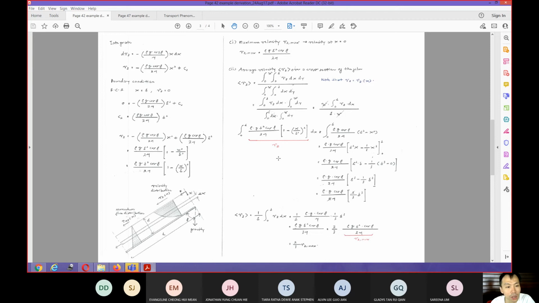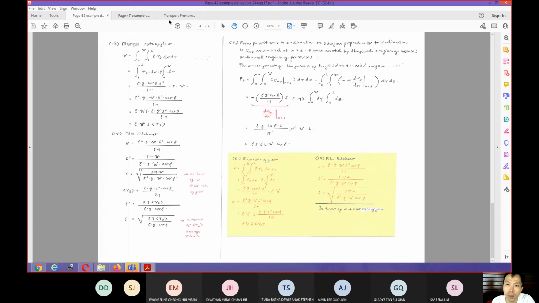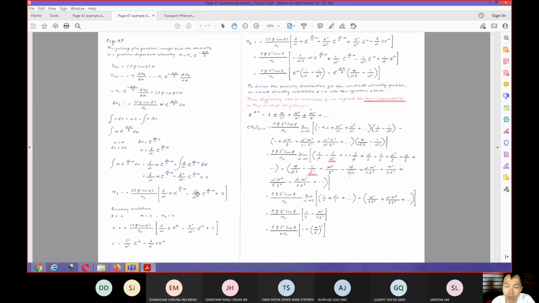Because sometimes a dependence on the viscosity may create a different way of processing the mathematical derivations. Okay, so I think that's pretty much the example that I want to discuss for today.